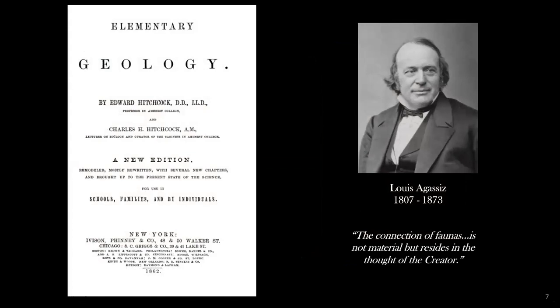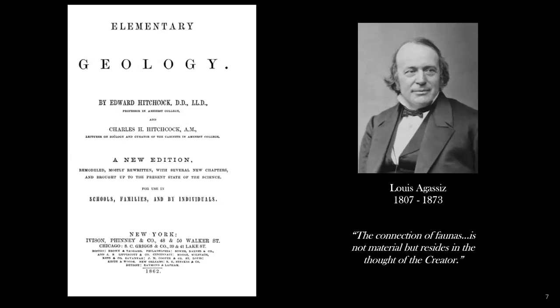Well, the 31st edition of Elementary Geology, co-authored by Edward and son Charles Hitchcock, and that was published just 3 years after Darwin's Origin of Species, contained a sharp critique of Darwin's hypothesis of transmutation of species and natural selection.